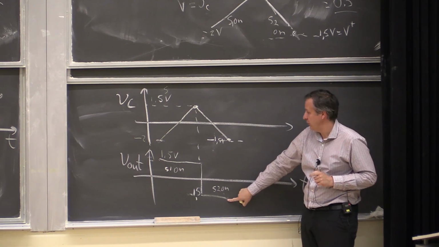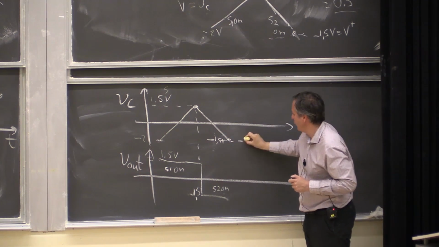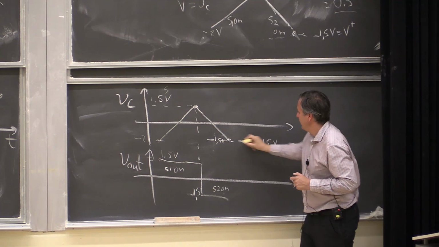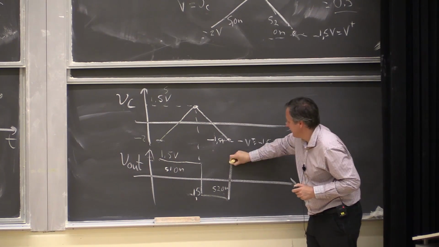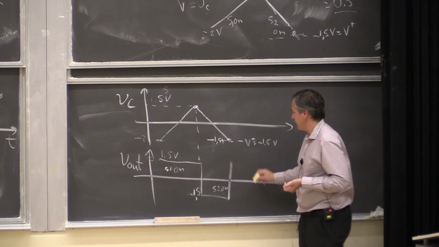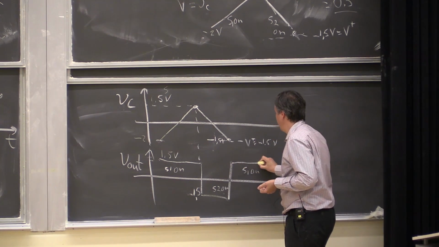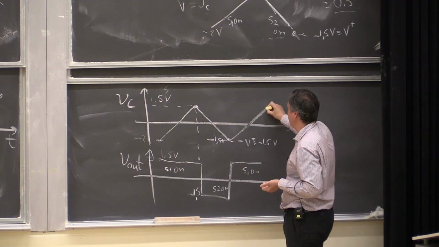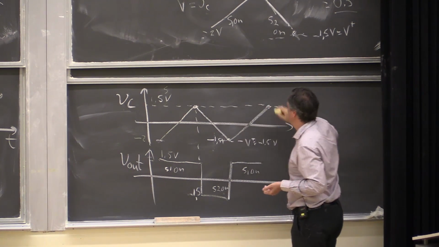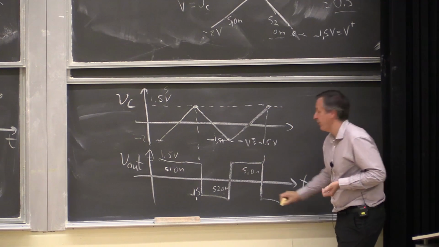Right? Because this level of V out goes back to V plus. So I'm comparing to V plus equals minus 1.5 volts. And then the comparator snaps back. When the comparator snaps back, I'm going to say S1 turns on again. And I start rising again until I hit, again, 1.5. And then the story repeats.